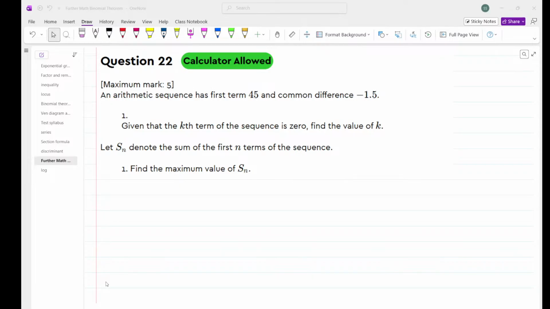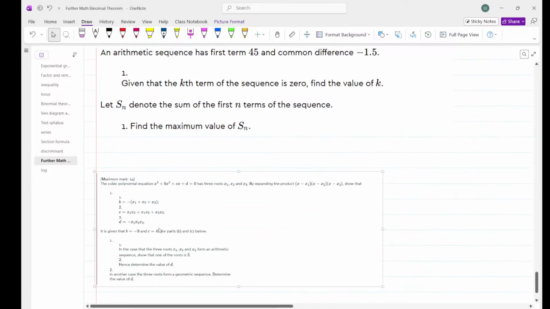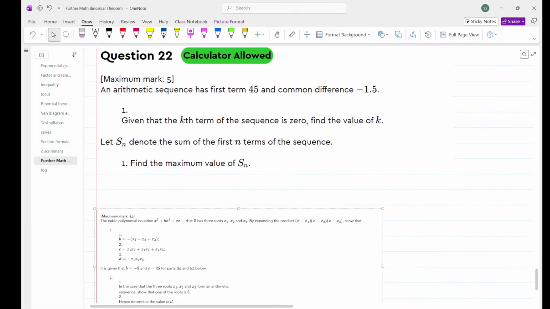So A plus n minus 1 times minus 3 over 2. I'll just put minus 1.5. So 45 plus minus 1.5n plus 1.5. Okay, minus 1.5n plus 46.5.